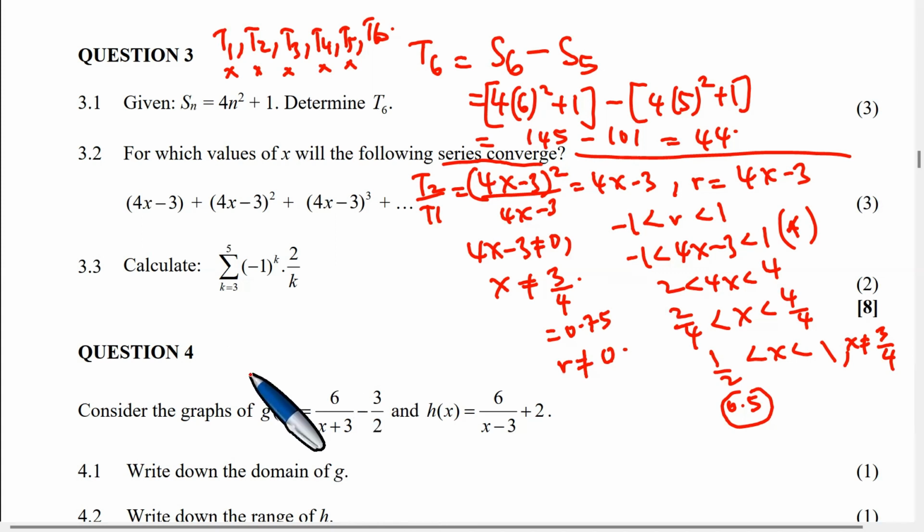Let's look at 3.3, this summation. This sum means we're adding everything up. First, we start from 3, so wherever there is k, you put 3. So it's -1. Next, you put 4.